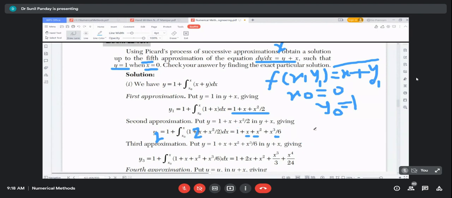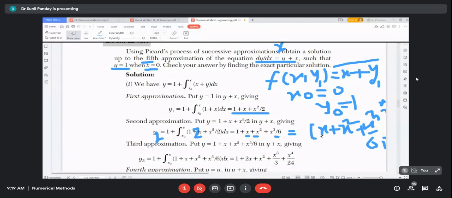The integration is like x plus x square plus x cube over 6. So you have to remember this.